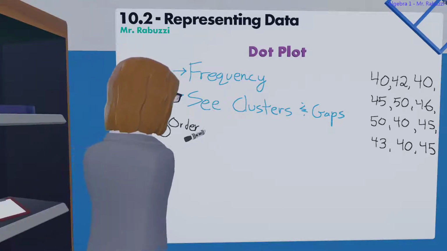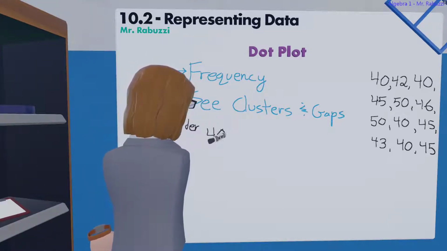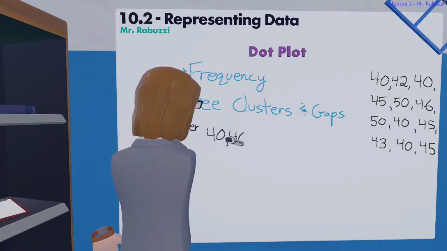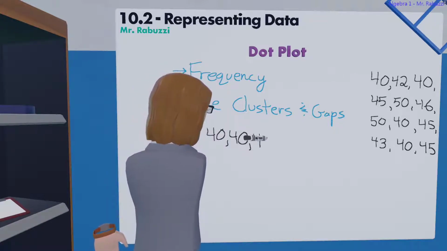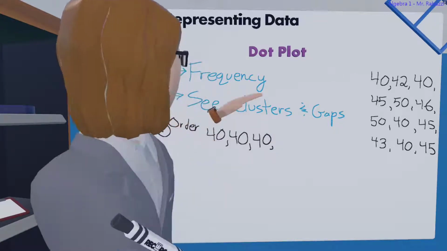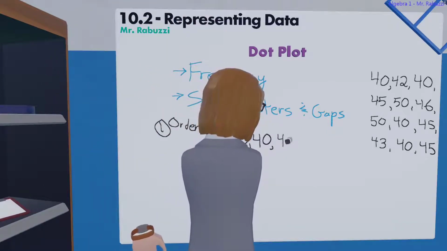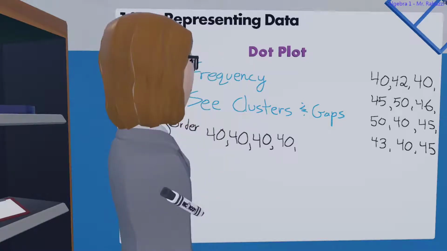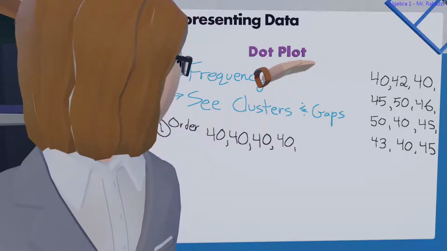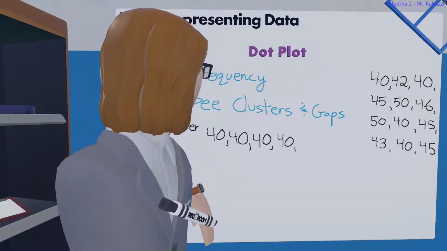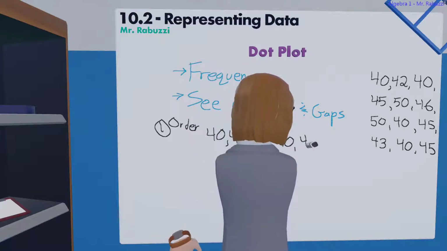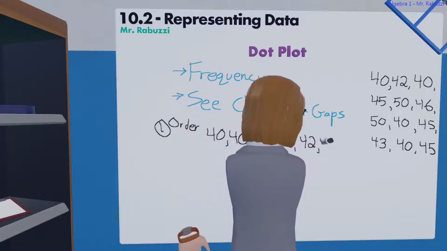I've got 40, another 40, another 40. How many 40s? 1, 2, 3, 4. One more 40. Then next I have a 42 and then a 43, one of each.